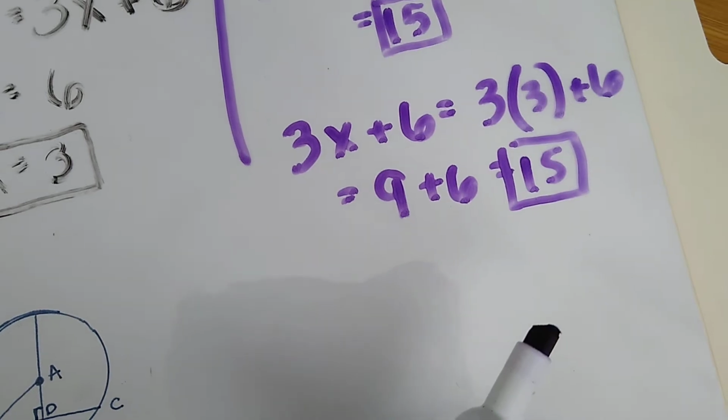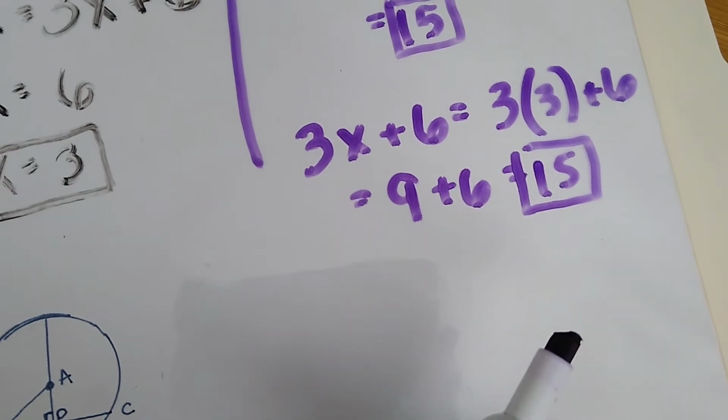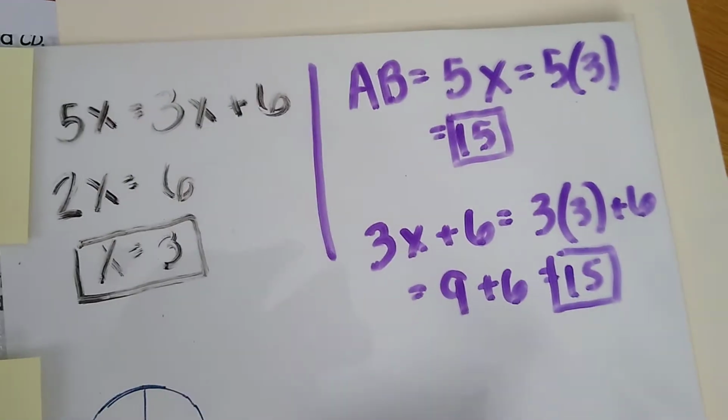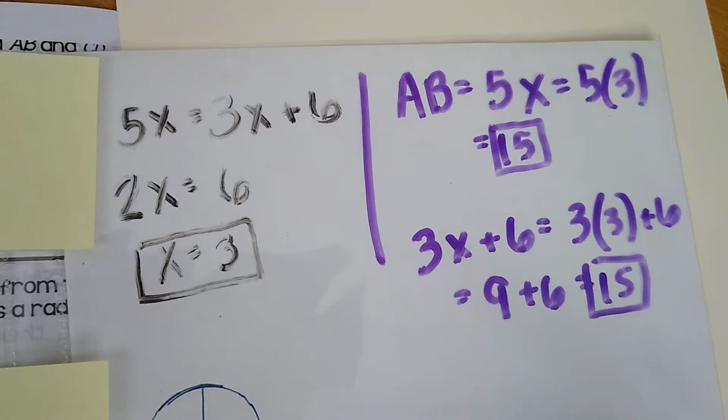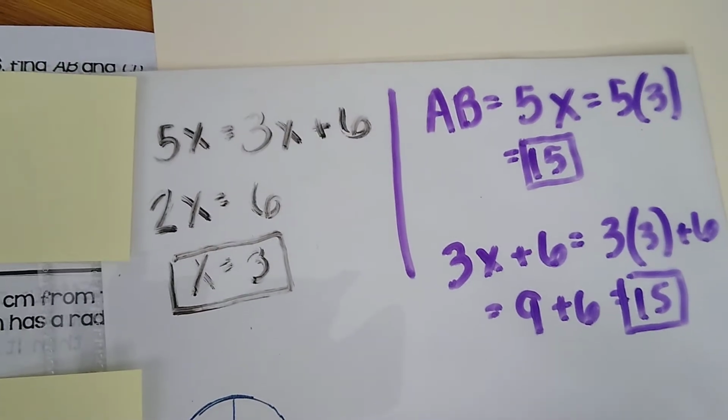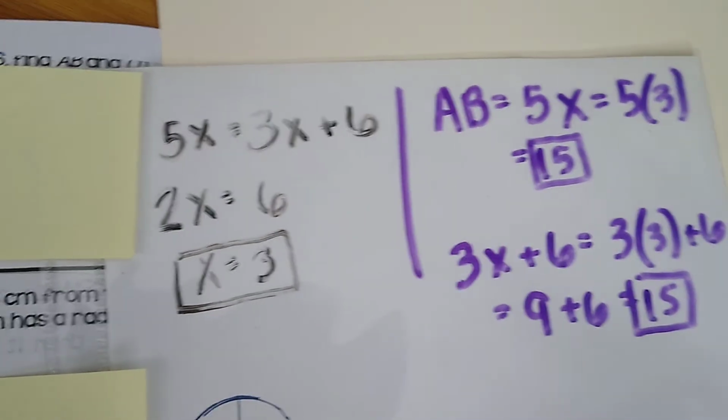There you go. Okay, now we know that they're congruent, which they should be, because based on the theorem, their distances should also have been congruent.